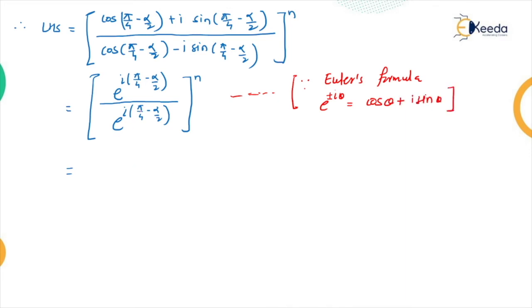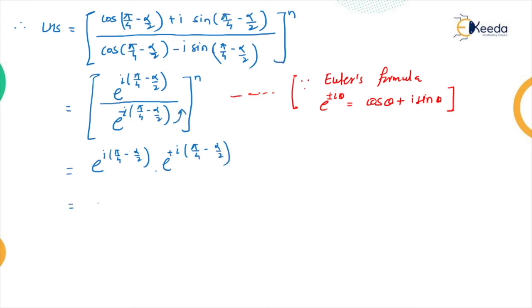Now by the indices property, this can be written as e to the power i times (pi/4 minus alpha/2), into e to the power minus i times (pi/4 minus alpha/2), because of the cos theta minus i sine theta form, so there is a minus. If we shift the denominator into the numerator, it becomes plus.